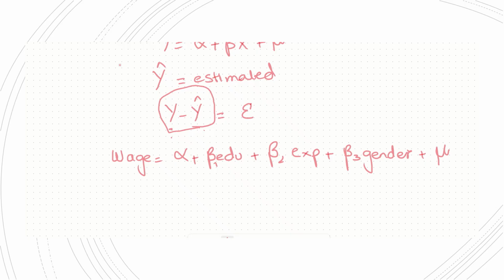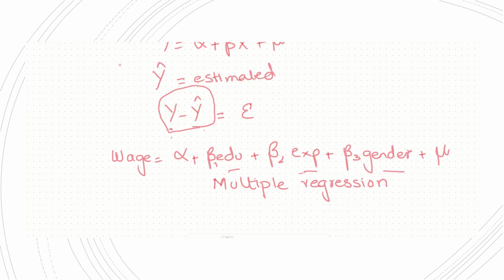Basically this is called multiple regression. Just understand the difference between linear regression and multiple regression. In multiple regression you have more than one independent or explanatory variable. Here we have 3 explanatory variables.